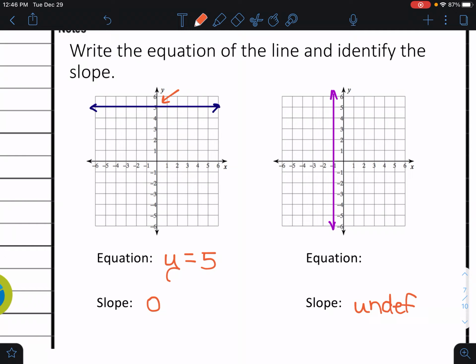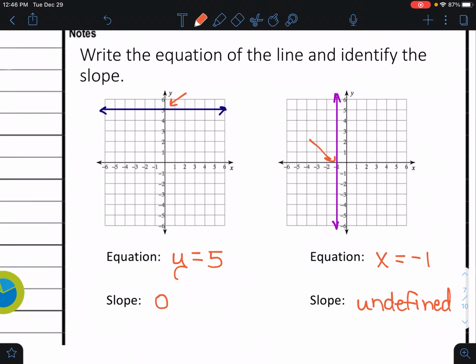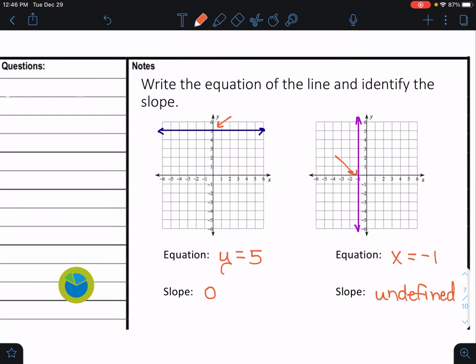You know that all vertical lines have an undefined slope. The equation of this would be x equals a. Where does it cross the x-axis? It crosses at -1. So that's the equation for that, x equals -1. All right, and that's it.